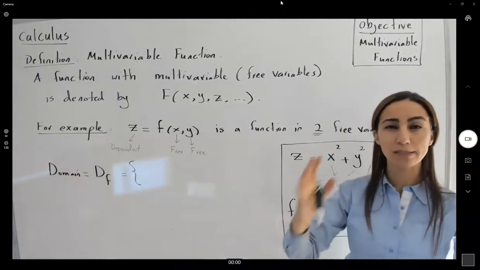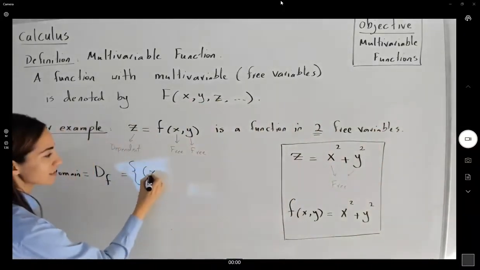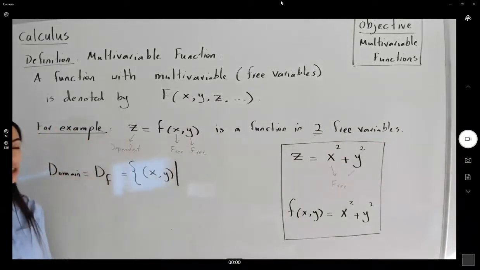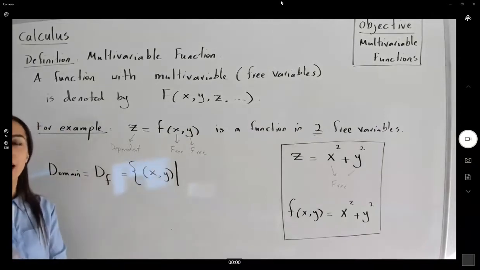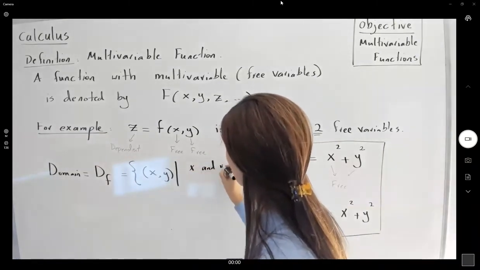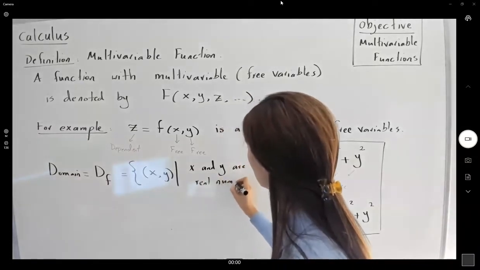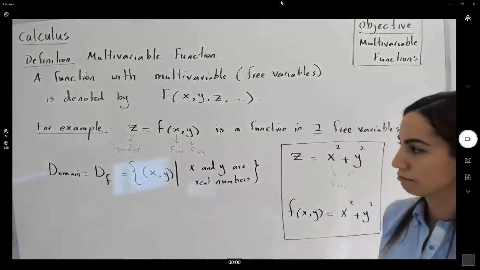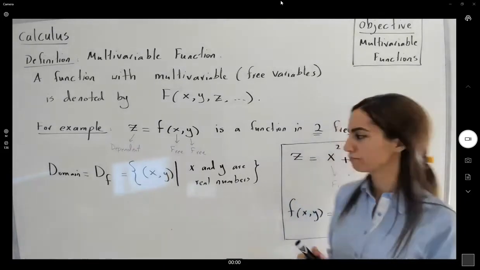It means that you have some points, ordered pairs (x, y), such that x and y are both real numbers. So the domain is part of the plane.